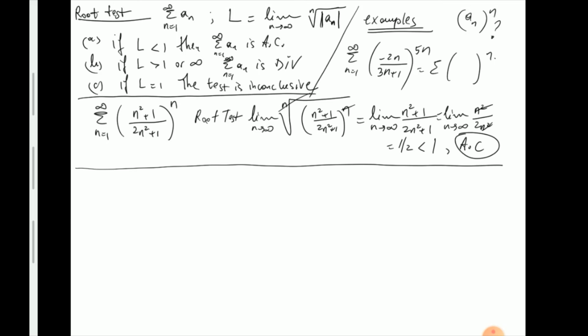Here's another one that may be more suitable for the root test. Let's say the summation from 1 to infinity of n 5^(2n) over 10^(n+1). If I look at these exponents, it might be better to use the root test, or well, actually, in this case, let's see which one is easier.